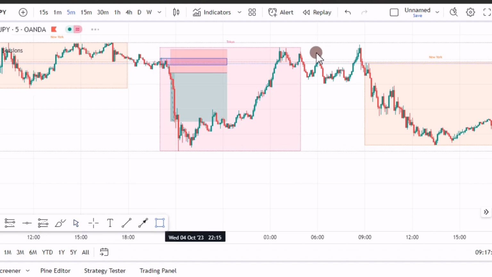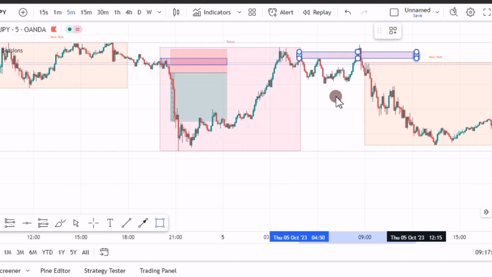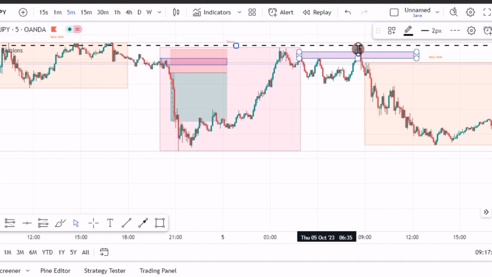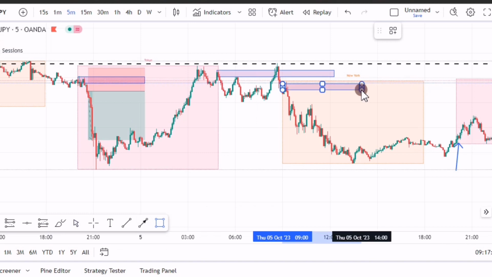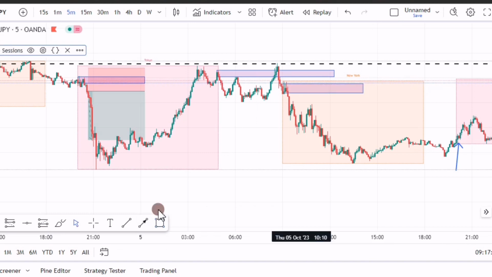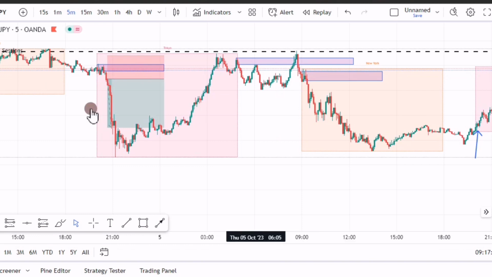Otherwise, you could have also made it at the end of the Tokyo session. Stop loss above that wick. If you are taken out there, remember you also look for an entry at the opening of the New York session. So you mark that candle, you wait for price to close below and you take a trade.